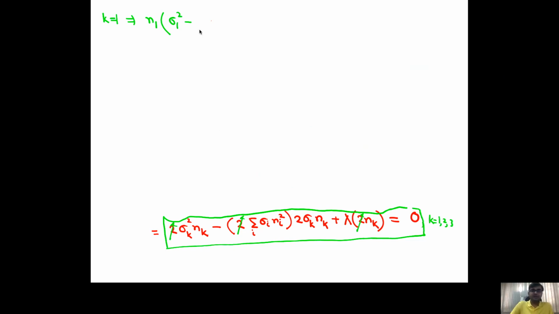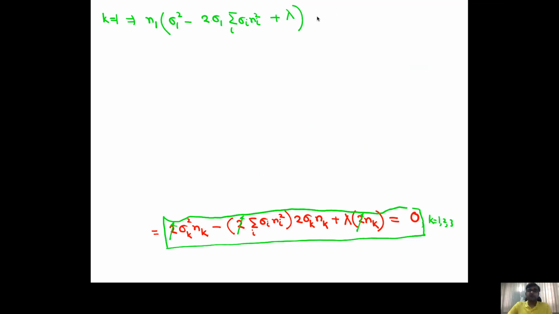So let me write it like this: 2 sigma_1 summation over i of sigma_i n_i squared, and then we have the last term, which is just lambda.